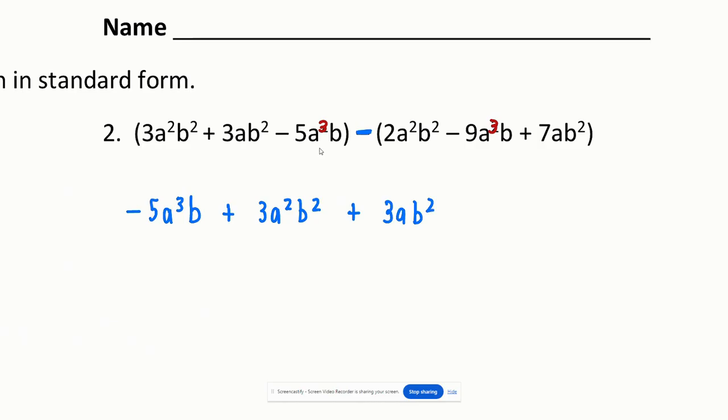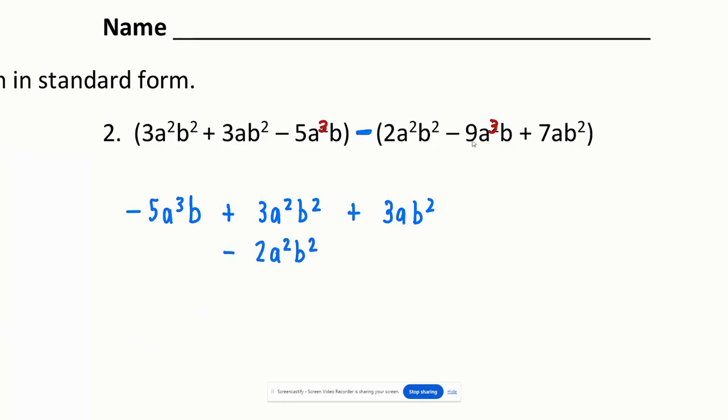So now, here's the trick to this problem. What's that minus sign do? That's exactly right. So how will positive 2a squared b squared come down? As a negative. And where will it go? So it'll come down as a negative 2a squared b squared.